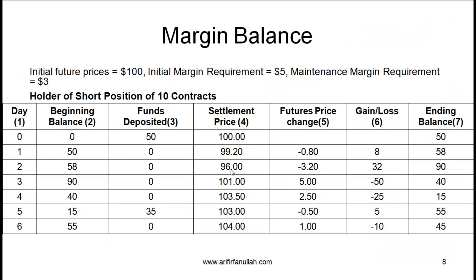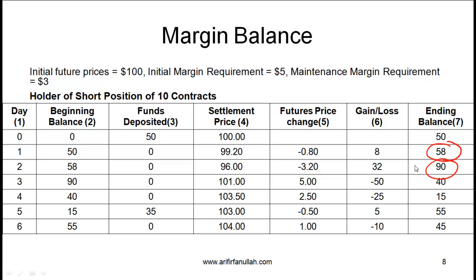The next slide simply shows what happens to somebody who has taken a short position on, say, 10 contracts of the same underlying. I'll not go over these numbers, I want you to do that, but basically it is exactly the opposite of what we just talked about. So when somebody has taken a short position, any reduction in price, so when prices go down, the short position actually benefits.